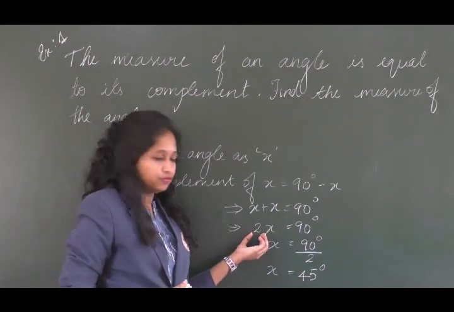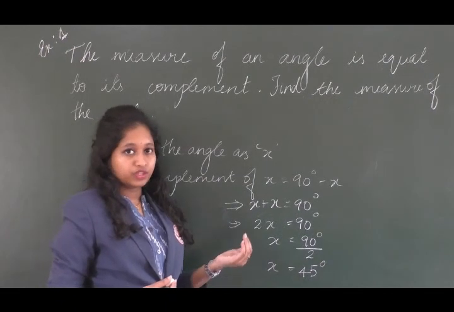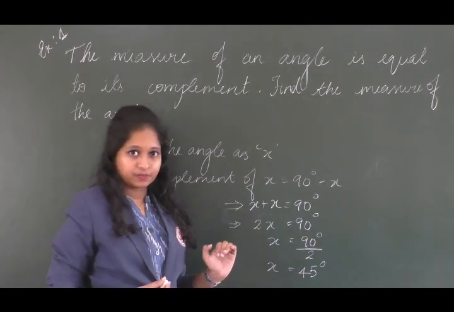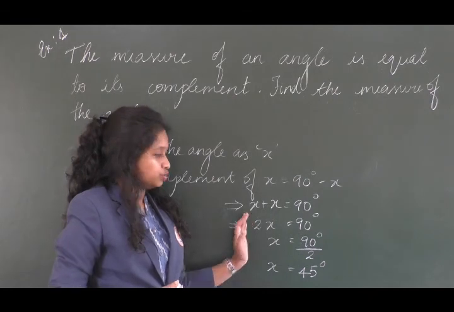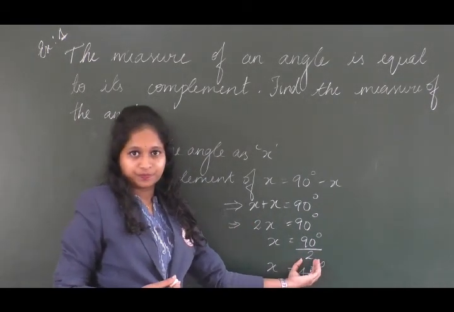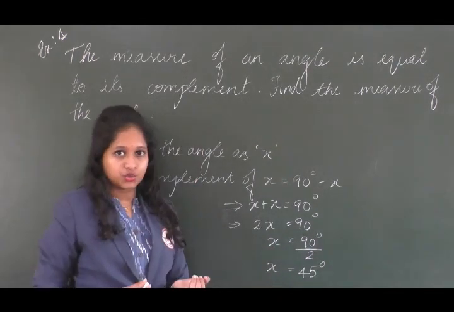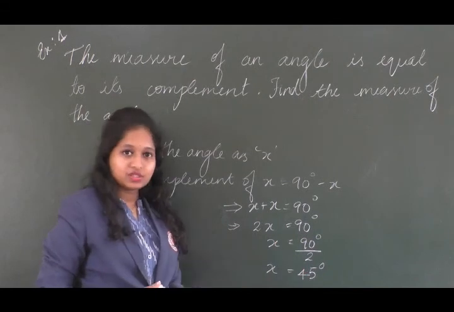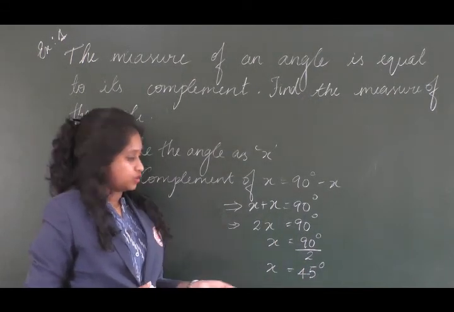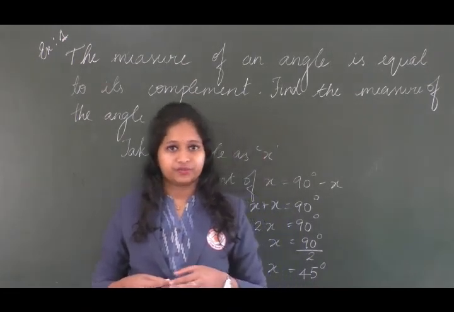So here we have 2 along with X. We need only X this side. So when you take 2 to the other side, it will come as denominator. Okay. So X is equal to 90 degree by 2. So 90 by 2 is 45 degree. So the value of X is equal to 45 degree.